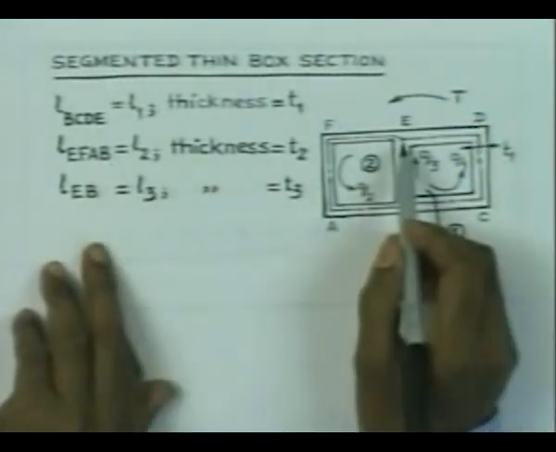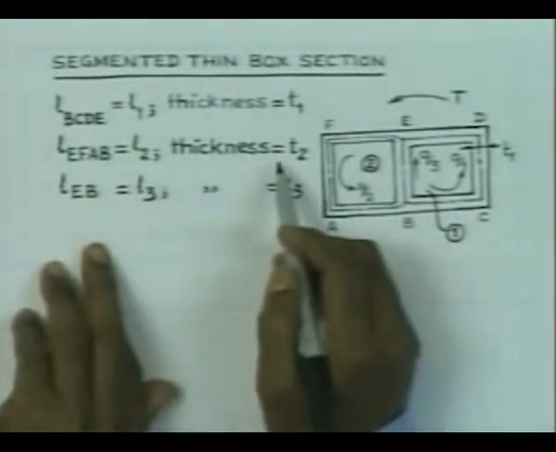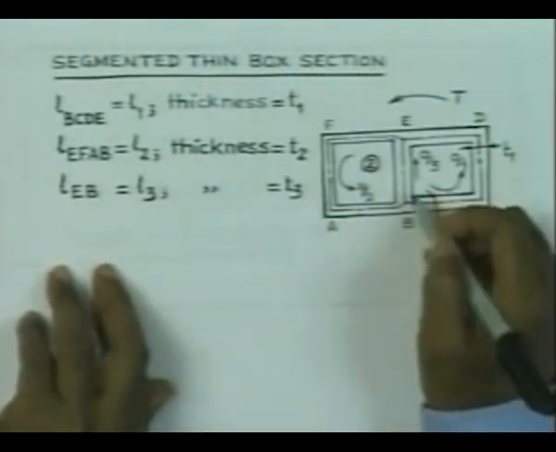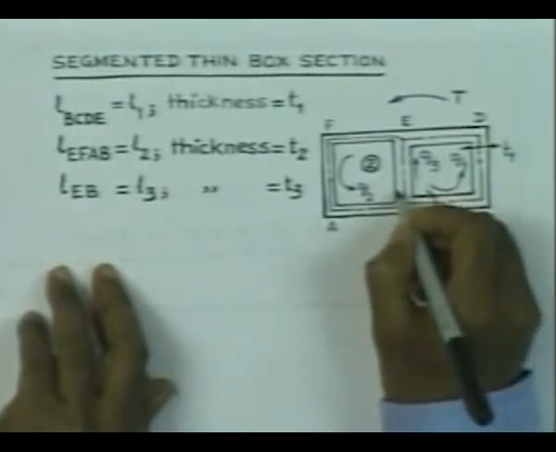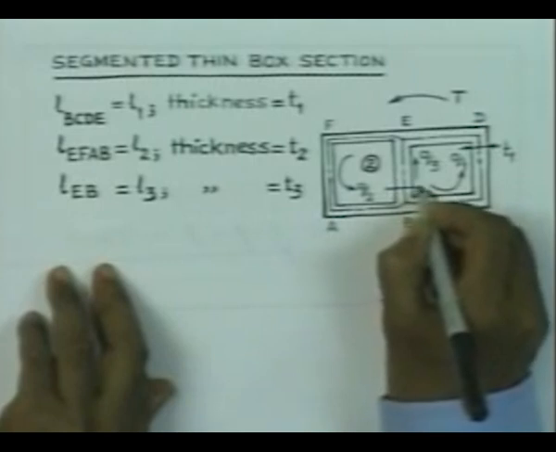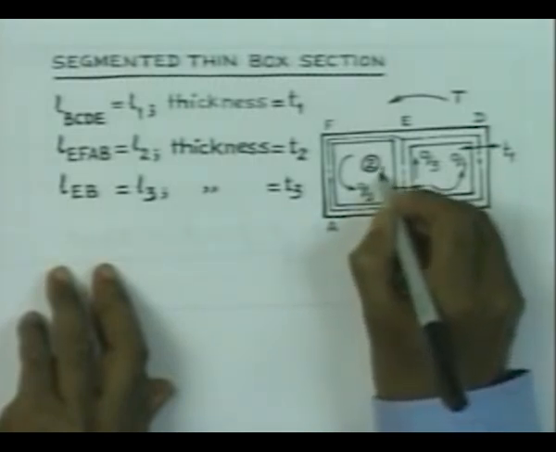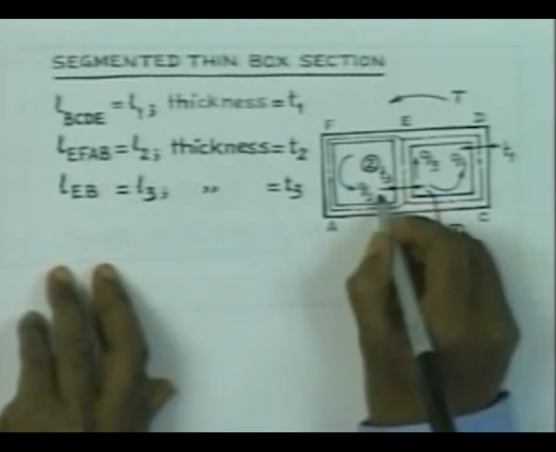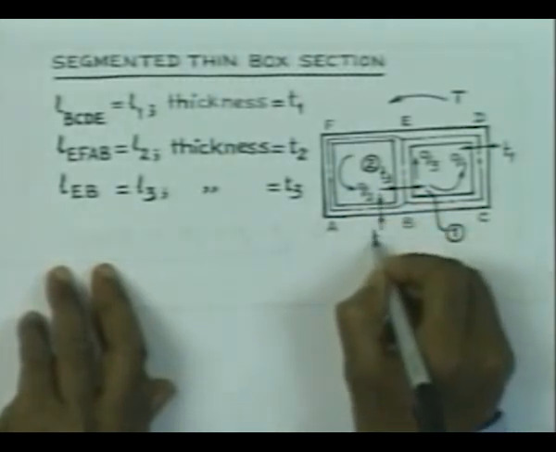Similarly, EFAB is of length L2 and thickness is T2, and this arm EB is of length L3 and the thickness is, let us say, T3.